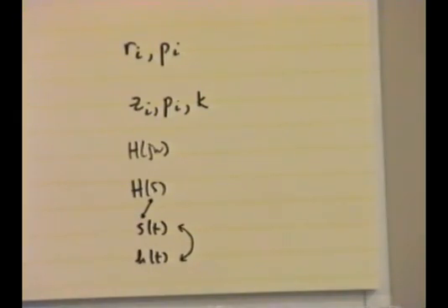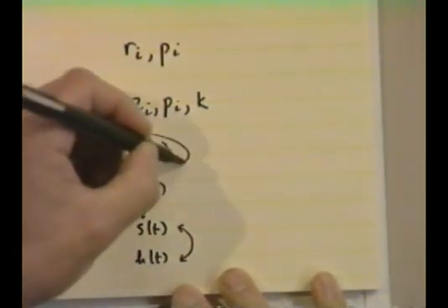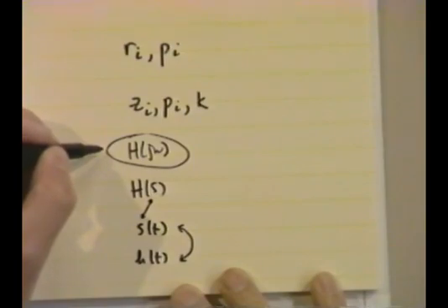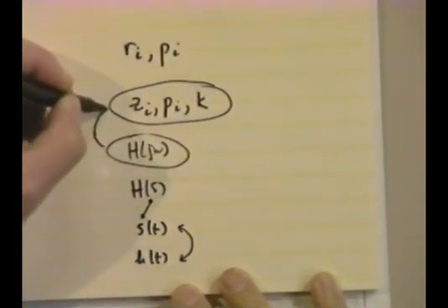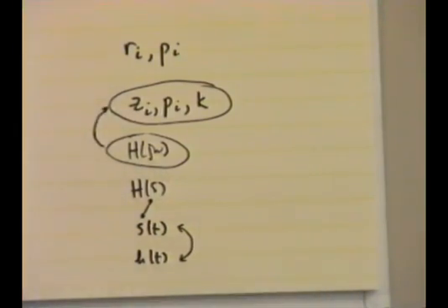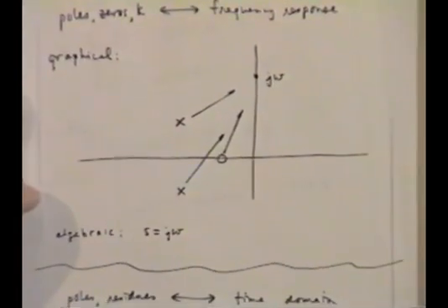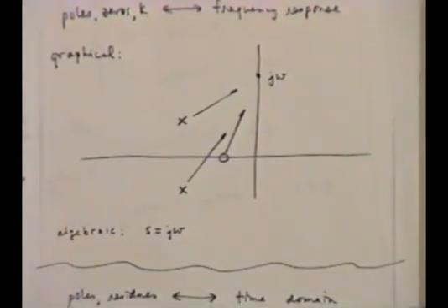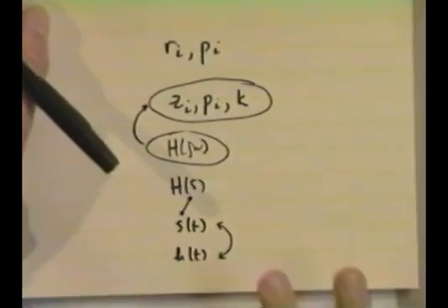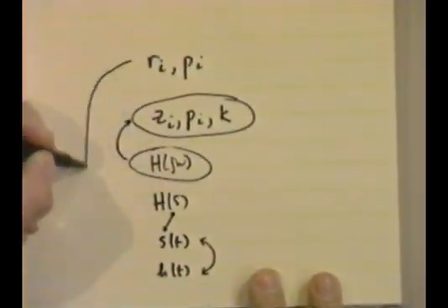For example, we worked out, let's see, what have we worked out? We have worked out a nice way to figure the frequency response if you're given the zeros, the poles, and the gain. That we've worked out. And it's that beautiful graphical picture, right, where it's this graphical picture right here. The details aren't that important, but that's the graphical picture. Let's see, as another example, this one is easy to work out.